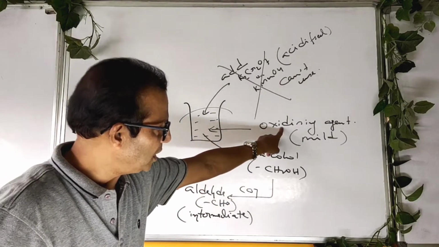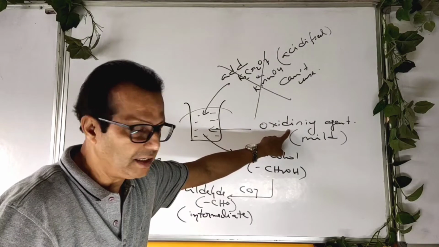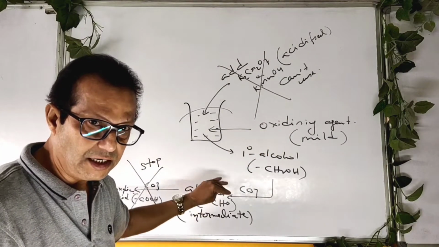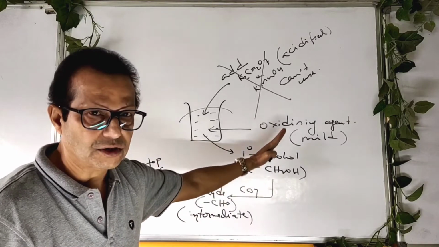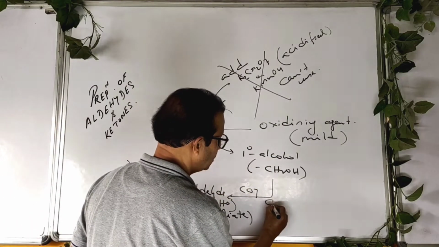A mild oxidizing agent cannot change the aldehyde to acid. This type of oxidation is called controlled oxidation.